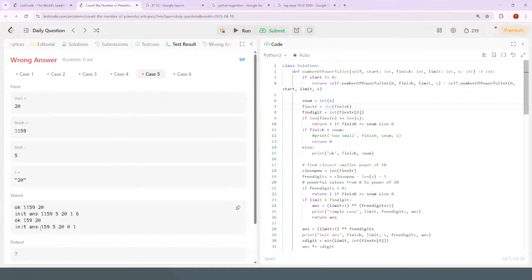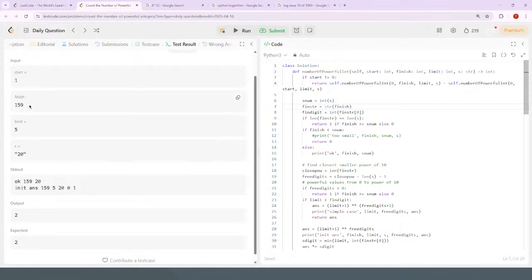Initial answer there is 2. Like 1, 0, or 120 and 020.